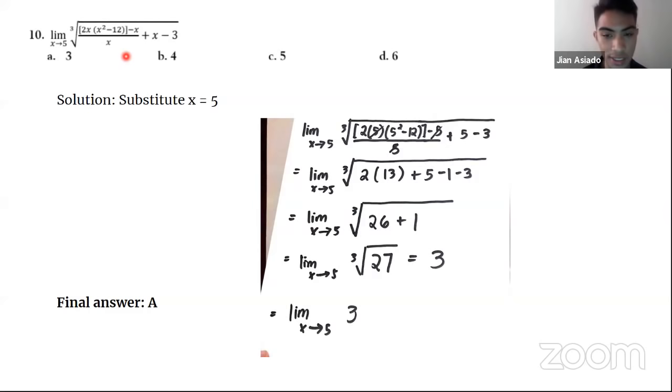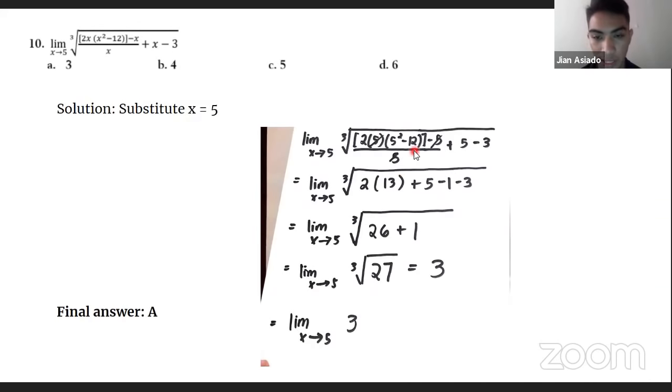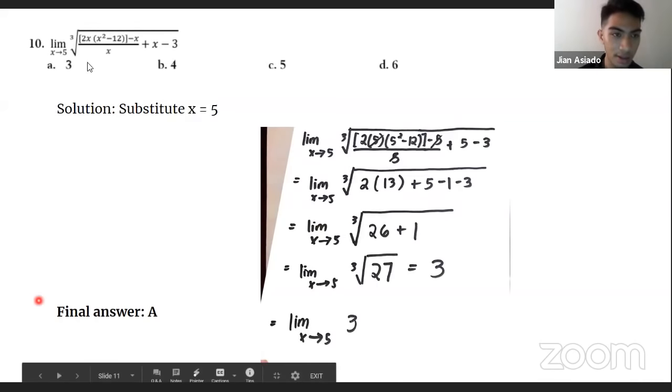So basically this is just arithmetic: multiplication, division, subtraction and addition. So that's letter A.